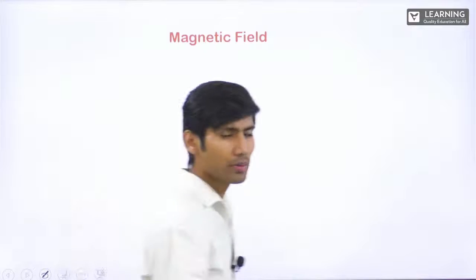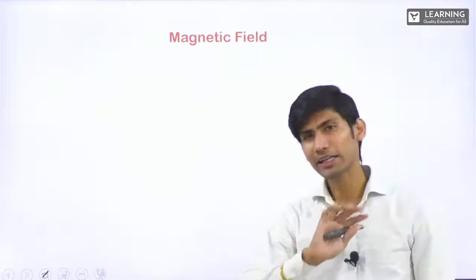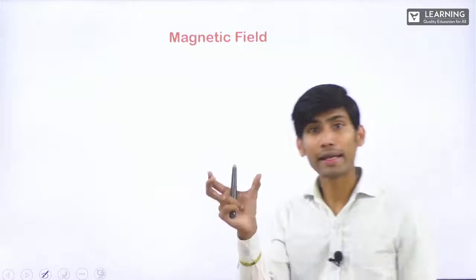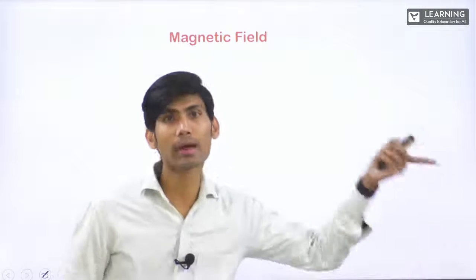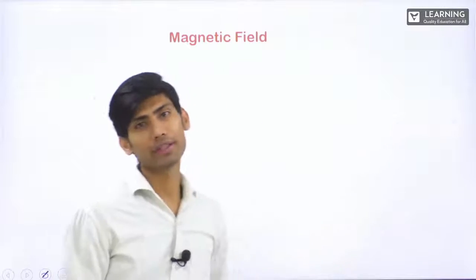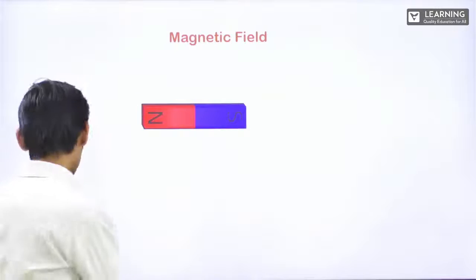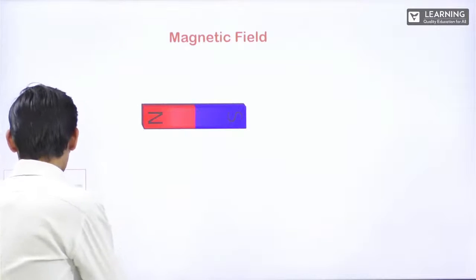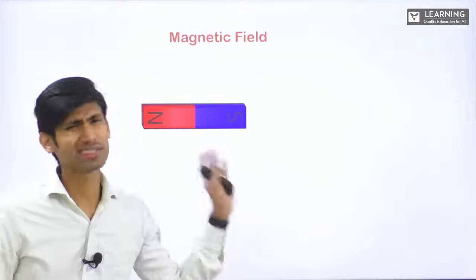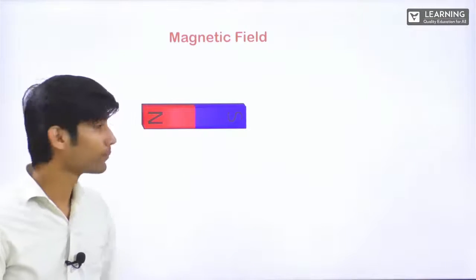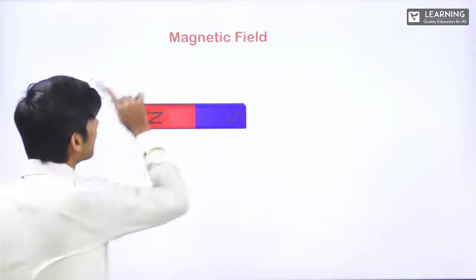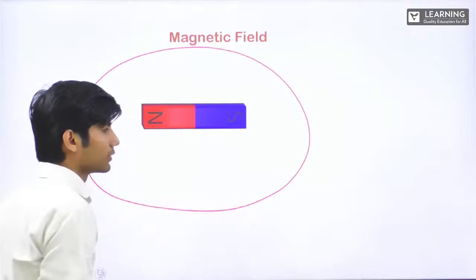Since then we are talking about magnetic field. Magnetic field is nothing but an influence around a magnet which is actually influencing some other magnet or some other magnetic substances. Suppose there is a magnet. I'll be going a bit fast because it's just a revision of your 10th standard. Around a magnet there will be some influence.